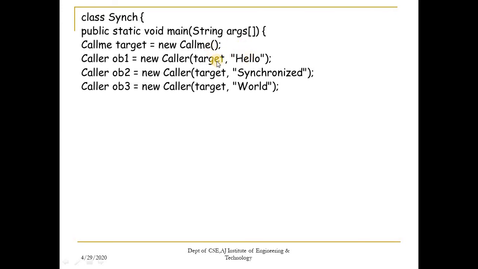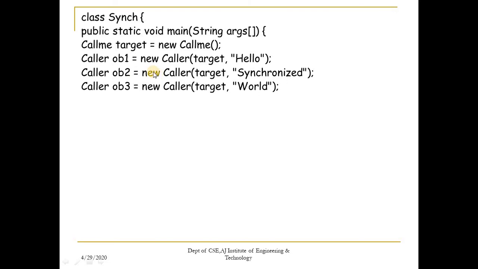So we are calling the caller constructor, passing the target object and the strings Hello, Synchronized, and World. That is what the main thread will do.